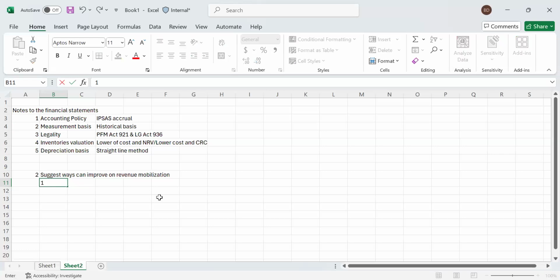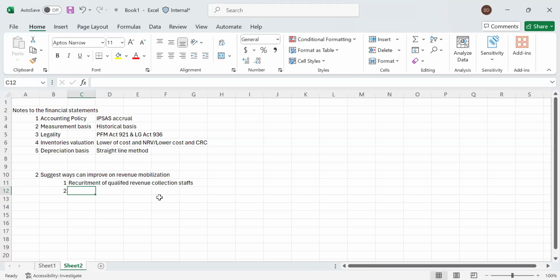Let me put what I wrote in the exams, if I can remember. First, recruitment of qualified revenue collection staff, not just any staff. Do you understand? That's the first point. This one too is for 5 marks. What do you think should be our second point?